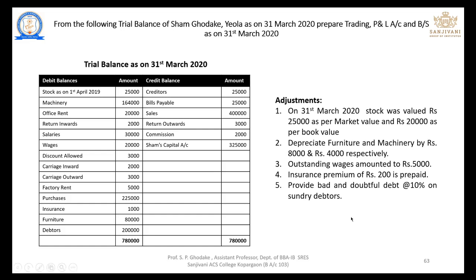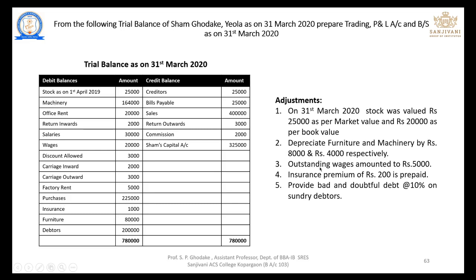For closing stock we can do the direct entry as per the adjustment. For depreciation, it will be deducted from the assets, like the furniture and the machinery here, so we need one line blank below these items.